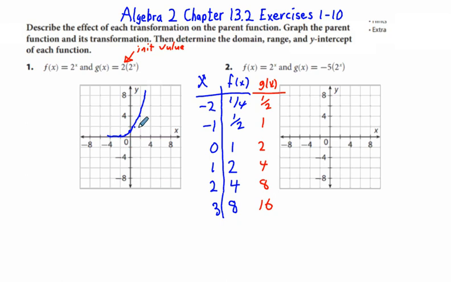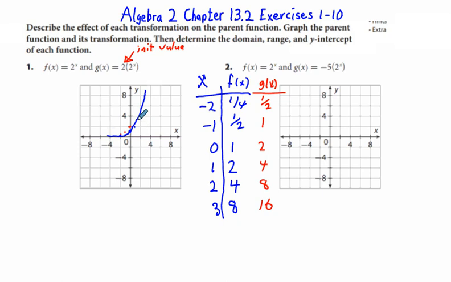And so here we have our y-intercept at 0, 2. Then we go to -1, 1, and -2, 1/2.